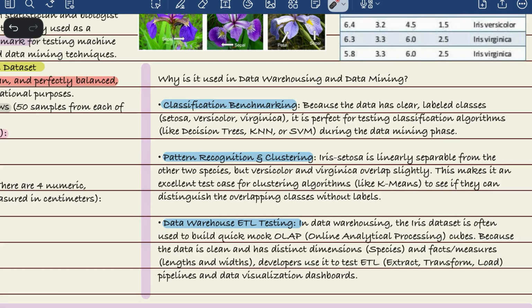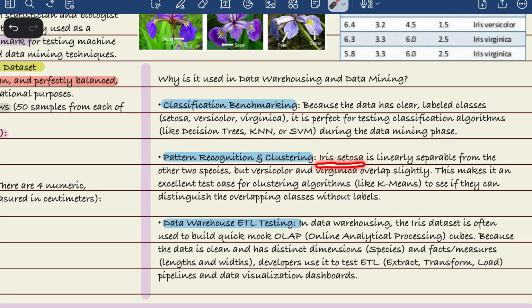Because the target classes are clearly labeled, like there are 3 target classes, it acts as a perfect playground for testing classification. Because in classification, we have clearly defined buckets, right? It is best for testing classification algorithms like decision tree, k-nearest neighbor and support vector machine.